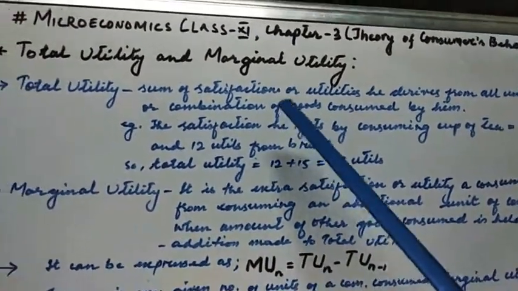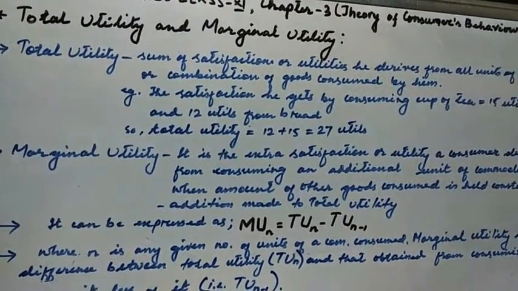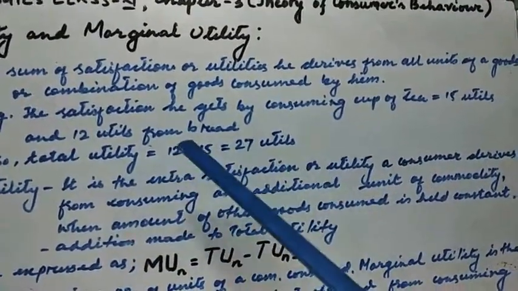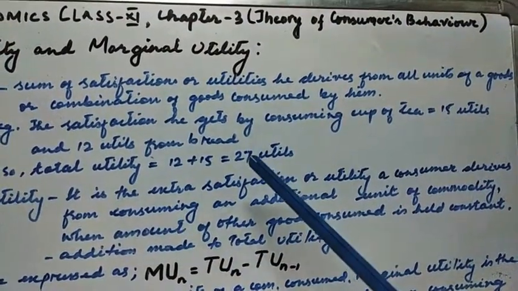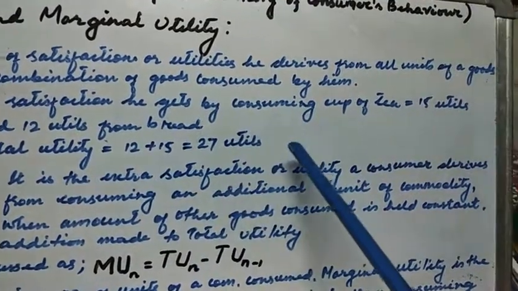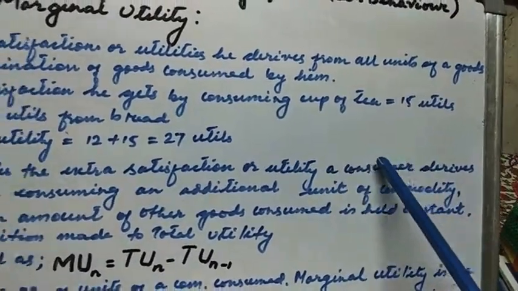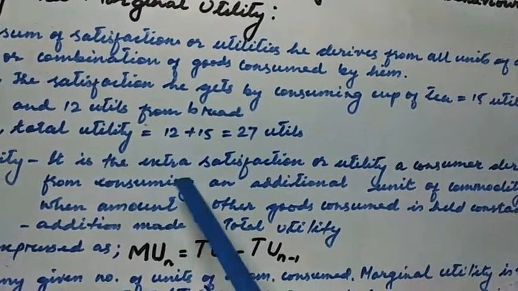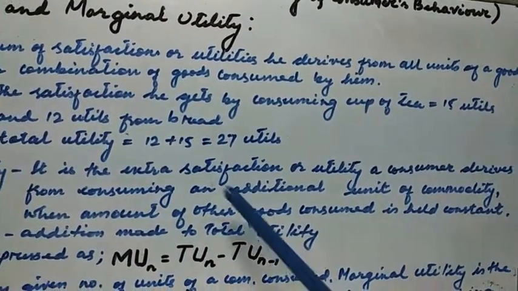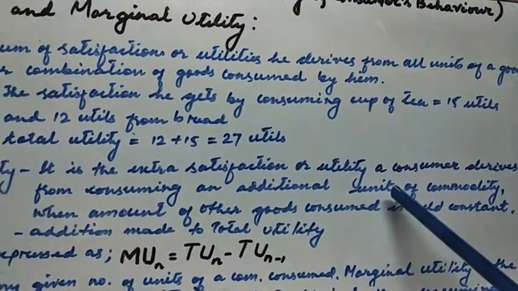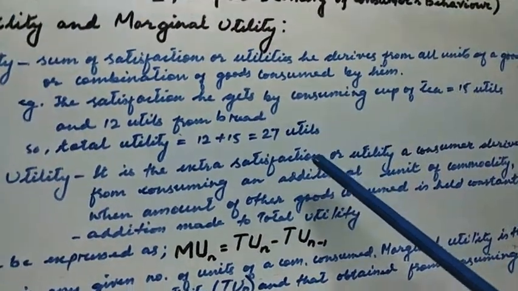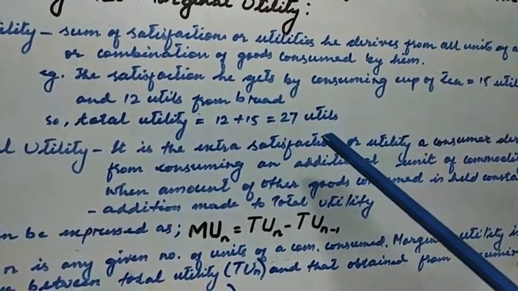That is total utility. But when we talk about marginal utility, marginal is always extra or additional to the total. So it is the extra satisfaction or utility a consumer derives from consuming an additional unit of a commodity when the amount of other goods consumed is held constant. So suppose you are consuming tea and bread at the same time.